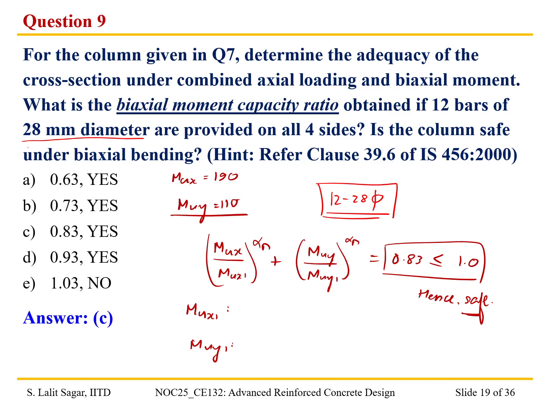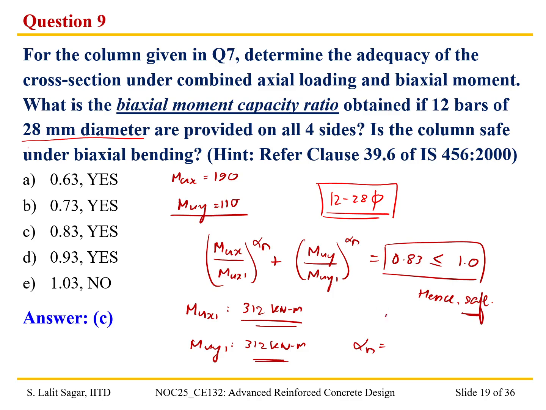That comes out to be 312 kilonewton meter, and this too shall be 312 kilonewton meter. And the value of alpha n would be 1.207.